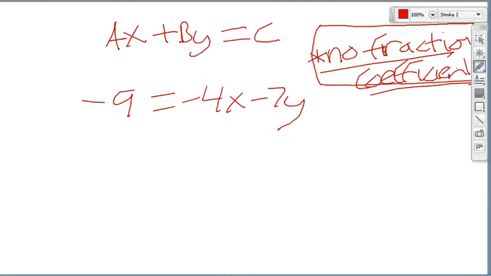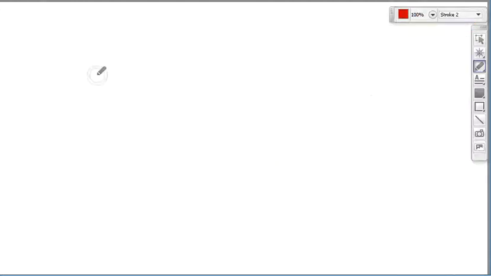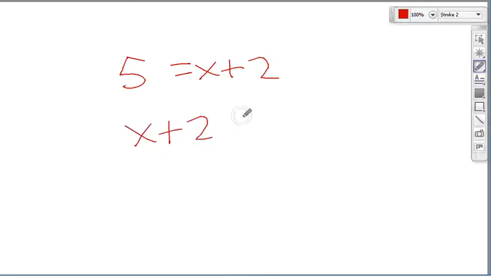So I want you to look at something really quickly before we start this one. If I have an equation that looks like this, 5 equals x plus 2, I can rewrite this equation as x plus 2 equals 5, and it doesn't change anything. It's still the same equation.